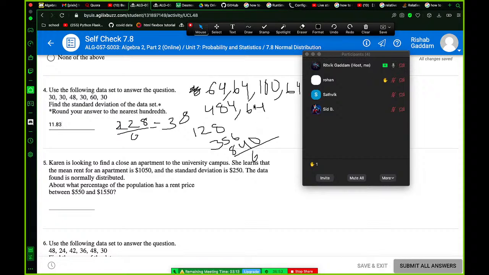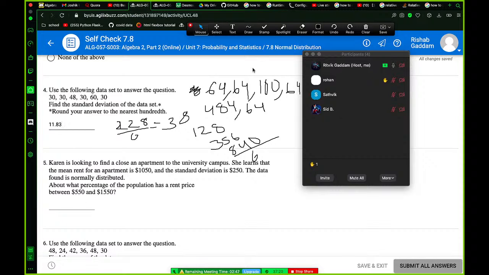Yeah, I guess that's faster. 840 divided by 6 is 140, and you just square root that, and you get 11.83.